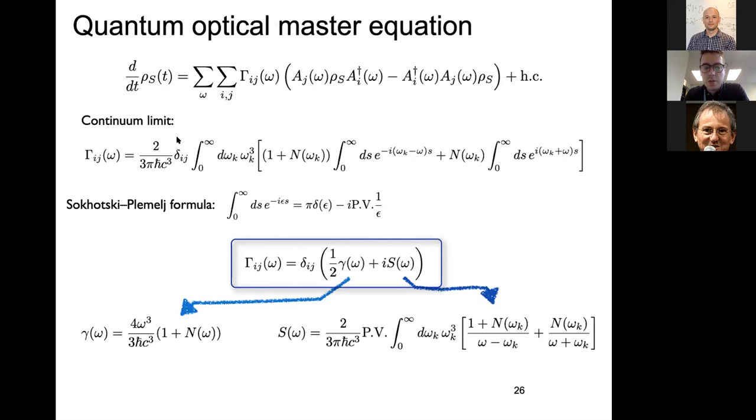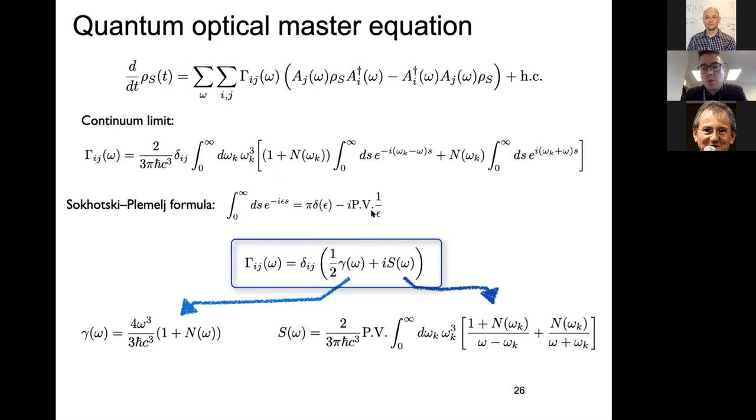Okay, so just something to note here is that the dependence on i and j only enters through this Kronecker delta here. And to then reduce this expression further, we can note the following formula. What this formula helps us do is separate this one-sided Fourier transform into its real and imaginary parts, which go into the definition of these gamma and S coefficients that I was talking about in the earlier parts of this lecture.